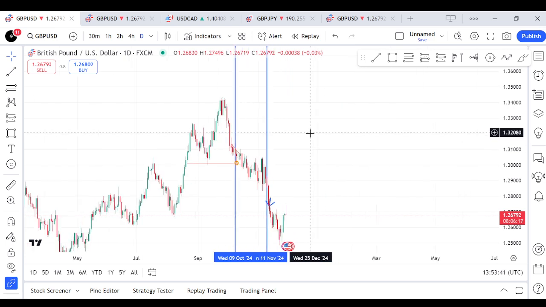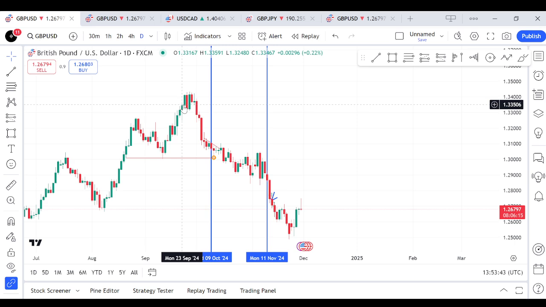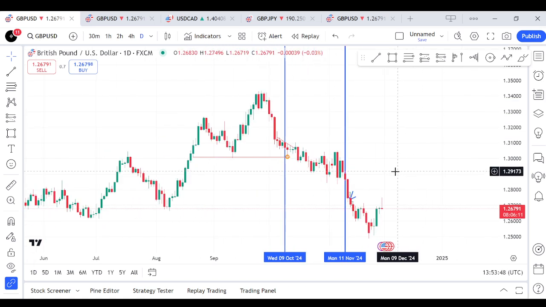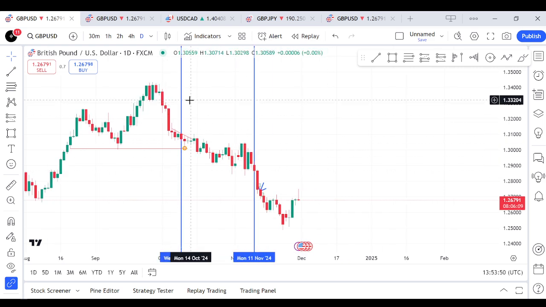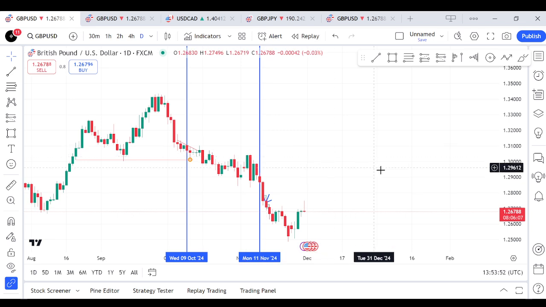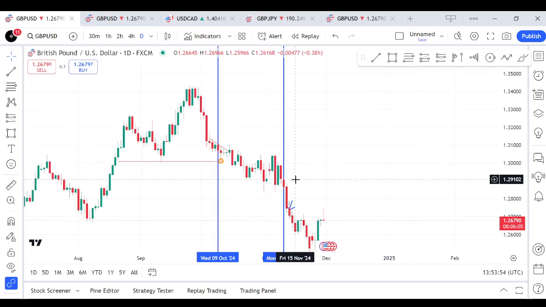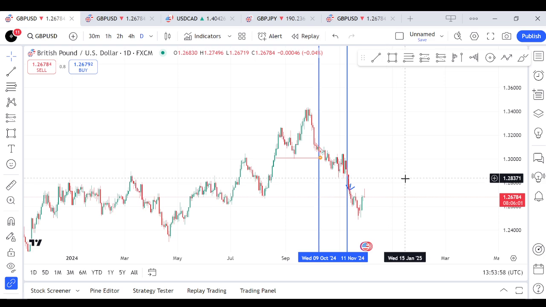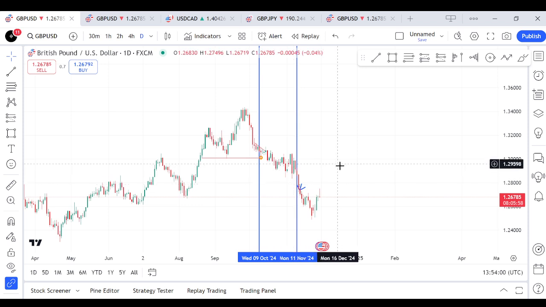As you can see right here, since September we've been having bearish movements, and that's because the CPI releases have been lower than the forecasts. So that is why we've been having these bearish movements.